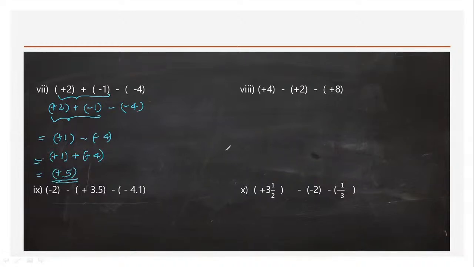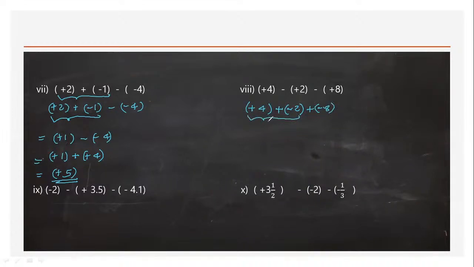Plus 5. Now first consider this, right? Plus 4, instead of negative, you can write positive and write the additive inverse of plus 2, then minus 2. Here also, instead of negative I will write positive, I will write the additive inverse of plus 8, minus 8. Now first simplify these two.